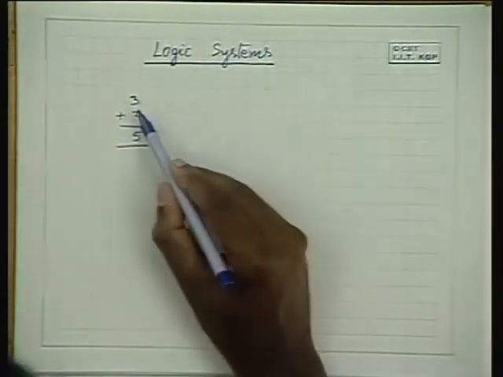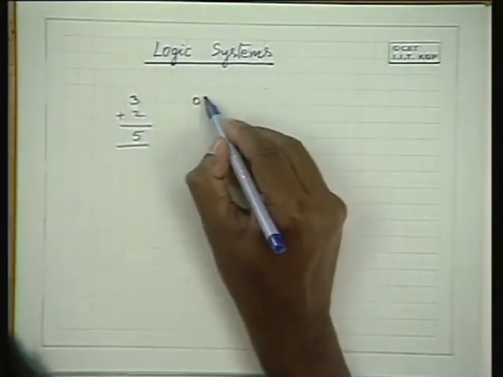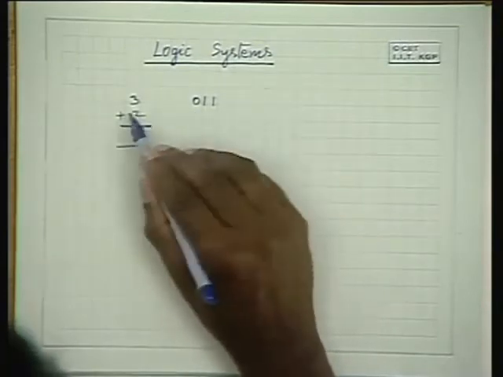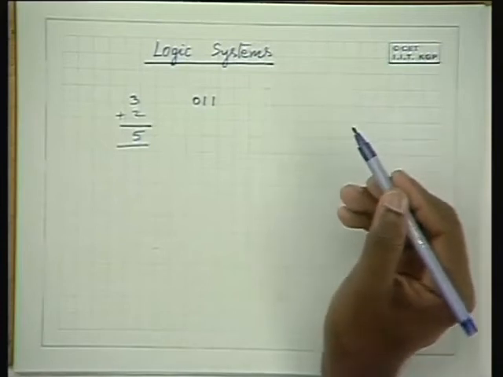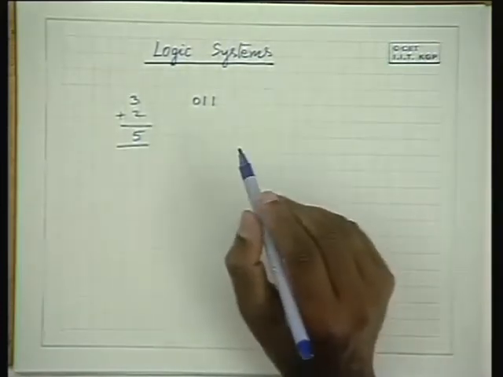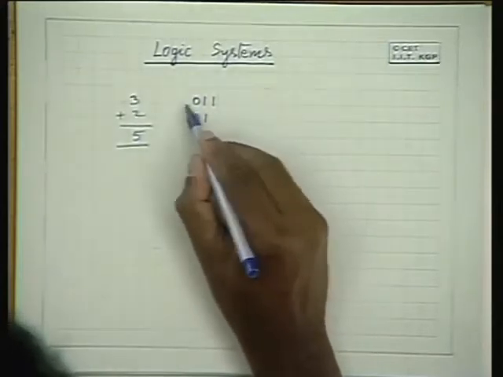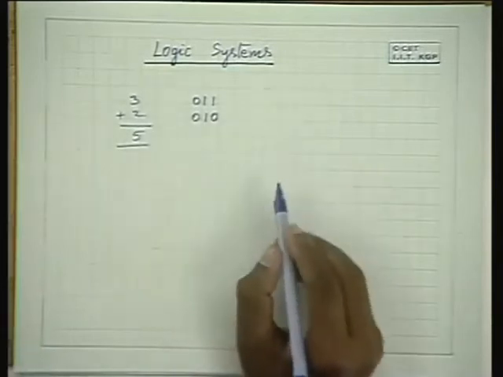In a computer, typically we represent these numbers by their equivalent binary numbers, not decimal. The decimal numbers are represented in binary form because it is convenient to carry out these operations in electronic circuits. For example, 011 is the binary code for 3, 010 is the binary code for 2.